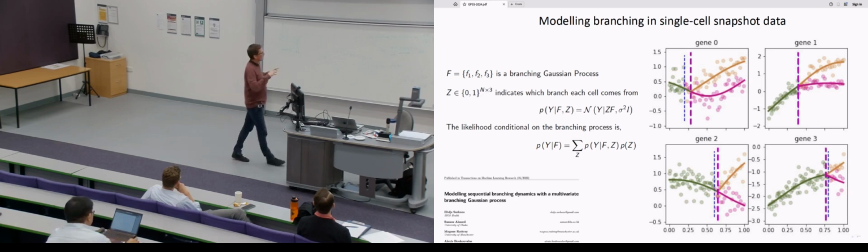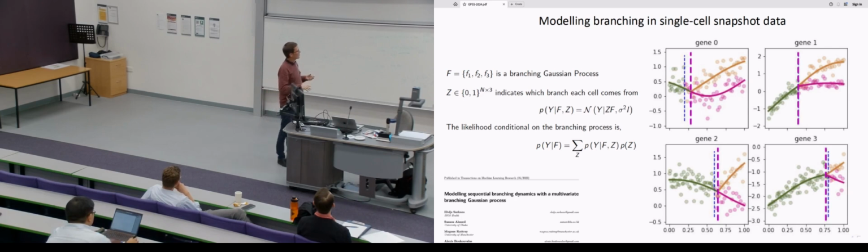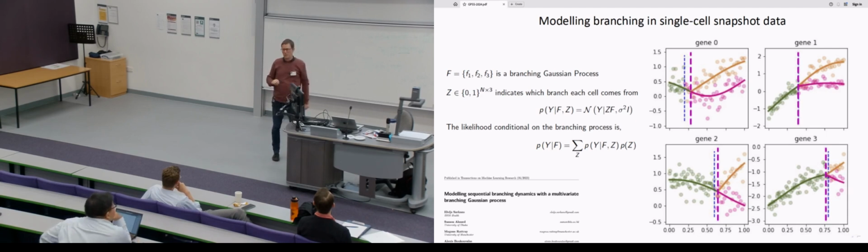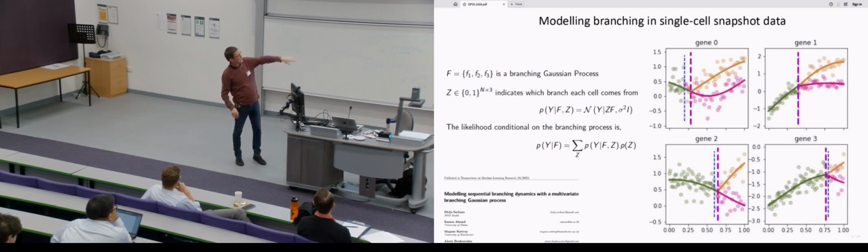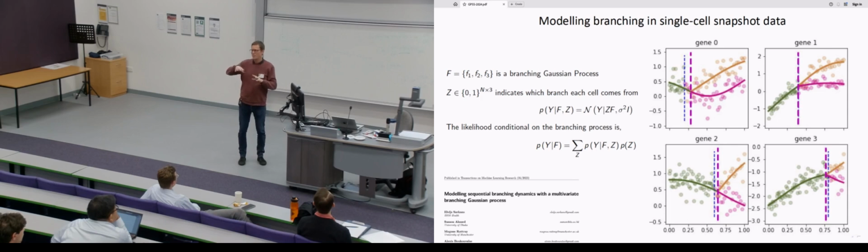So in these kind of branching single-cell models, you have these new discrete indicator variables which you have to use to infer whether the cell came from a yellow branch or a purple branch. And it has to be consistent across all your genes. So we've got thousands of genes, and the yellow and the magenta and the green have to be inferred correctly for all of them.